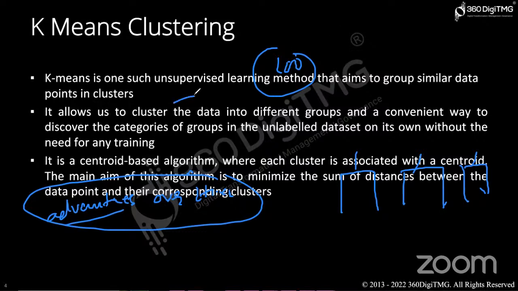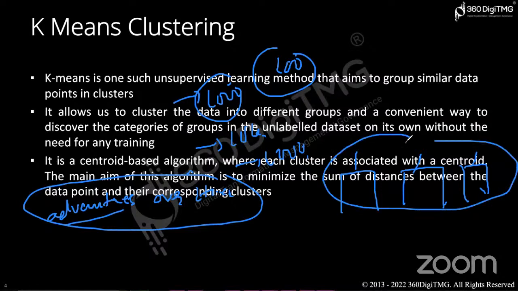What if you have 1,000 data points? What if you have 10,000? What if you have 100,000? Will you be able to decide how many clusters you want just by looking at the dendrogram? It will be very clumsy.